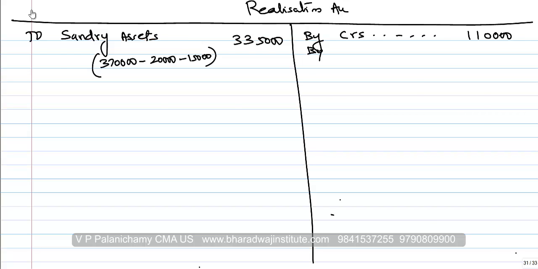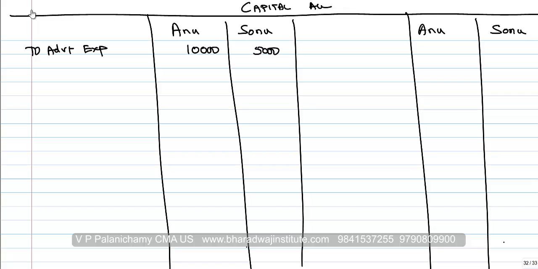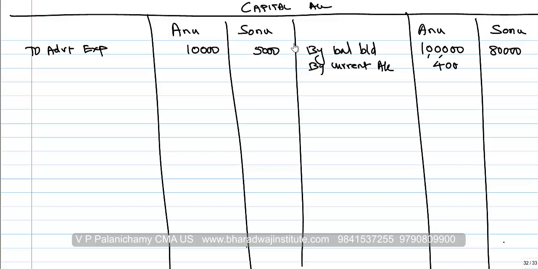Nothing. Then partner's loan will go to partner's capital account. By balance brought down. What is partner's capital? 1 lakh for Anu, 80,000 for Sonu. Then, by current account, Anu has a positive balance. How much? 40,000. But Sonu has a negative balance.